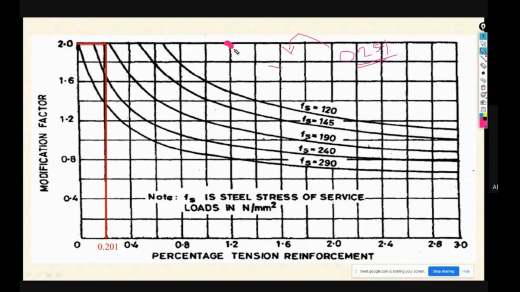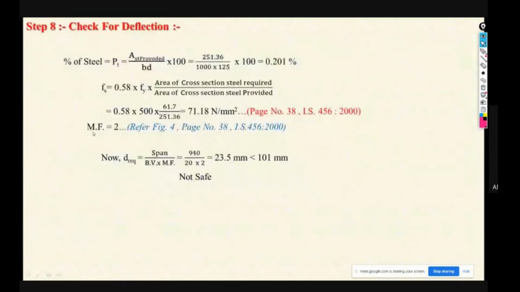So this particular graph ends at 2. So the maximum modification factor we consider as, sorry, 2. So we will use the modification factor as 2.